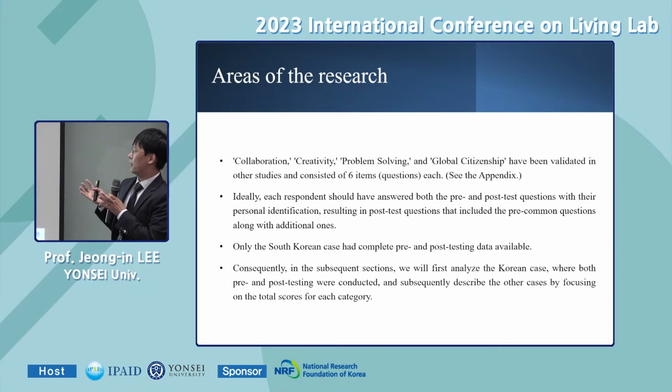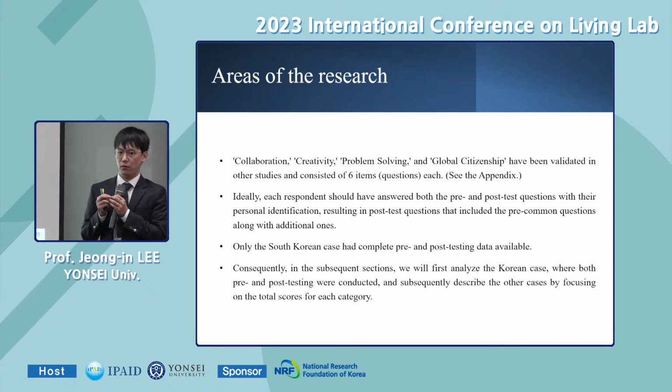So these categories consist of 6 items, as I mentioned, and each respondent should have answered both the pre and post test. But the students did not respond to the common questionnaire in the post survey, except the students at Yonsei University. I think it's due to miscommunication.